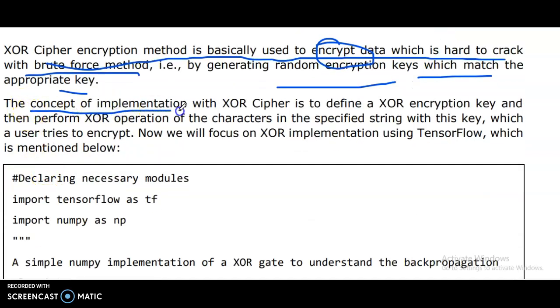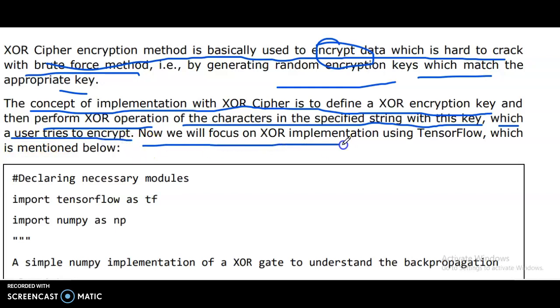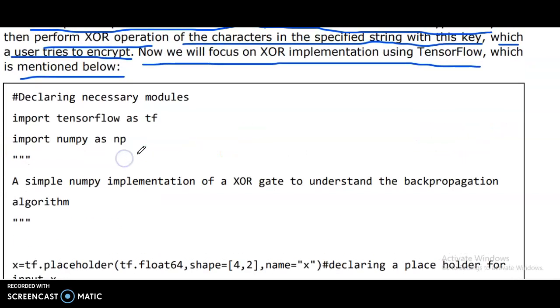The concept of implementation with the XOR cipher is to define an XOR encryption key and then perform the XOR operation on the characters in the specified string with this key, which a user tries to encrypt. Now we will focus on XOR implementation using TensorFlow, which is mentioned below.